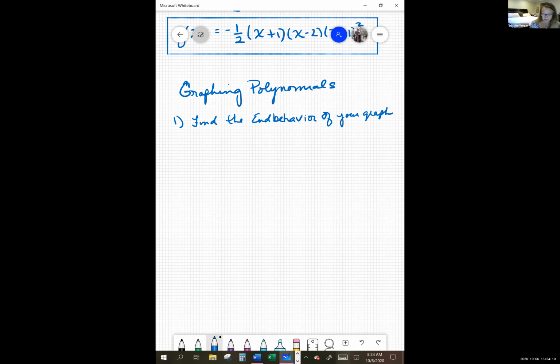That's where we looked at the limit as x went to -infinity of ax to the n, your leading term, and the limit as x went to +infinity of the leading term, ax to the n. I had to deal with whether that coefficient is positive or negative, and whether the degree is even or odd.